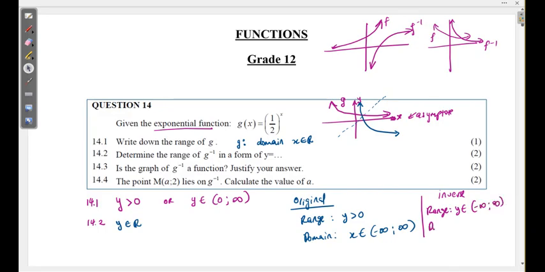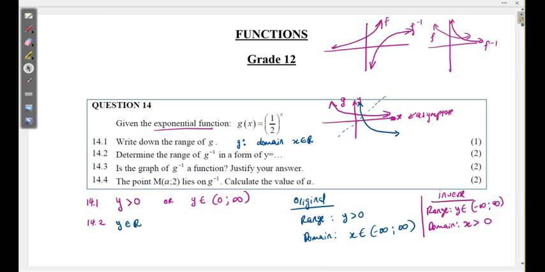While for the domain, you just look at the range of the original and change this to x is greater than 0. If you're looking for the range, look at the domain. If you're looking for the domain, look at the range. They're always the opposite. Then you change accordingly. Are we clear?